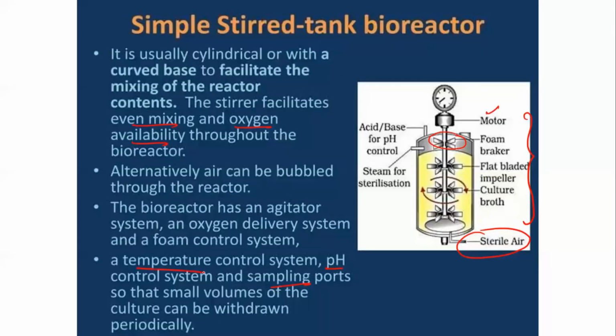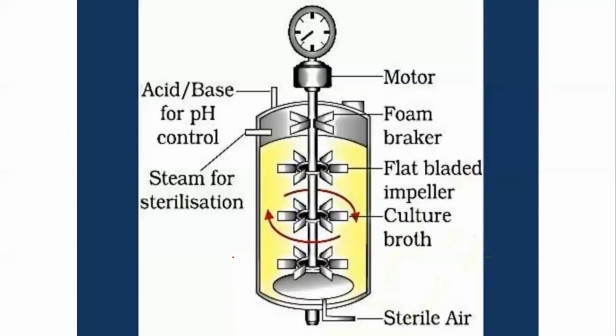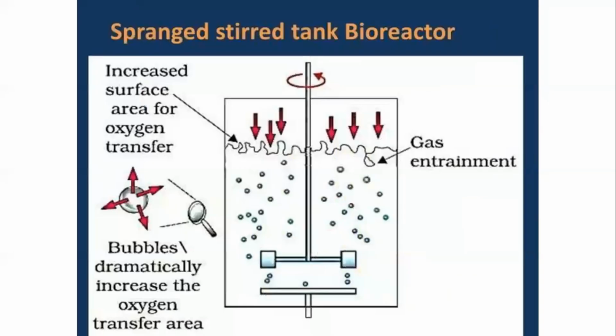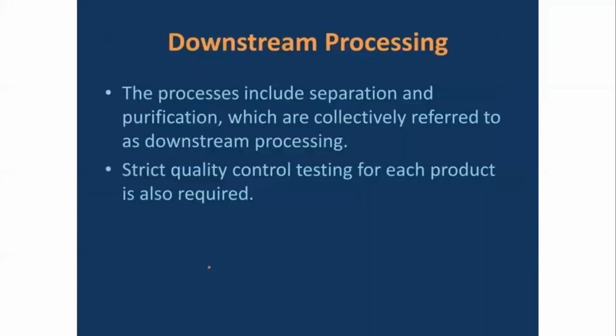So they have different control systems for each regulation procedure. So this is a bioreactor. Here, this is an example of the stirred tank bioreactor. So there is increased surface area for oxygen transfer because of this rotor, and bubbles dramatically increase the oxygen transfer area.